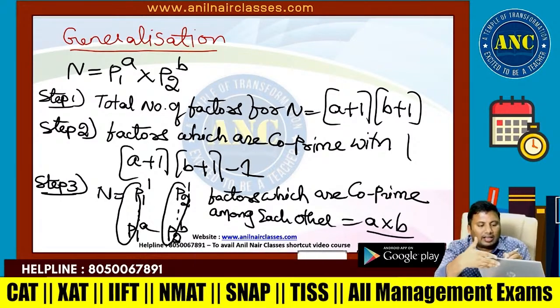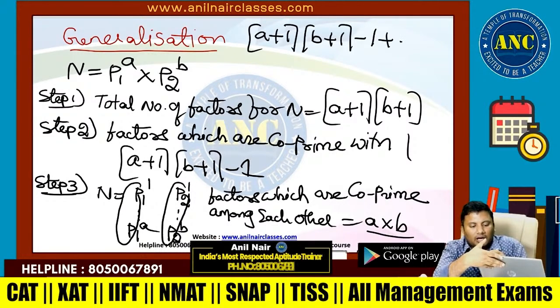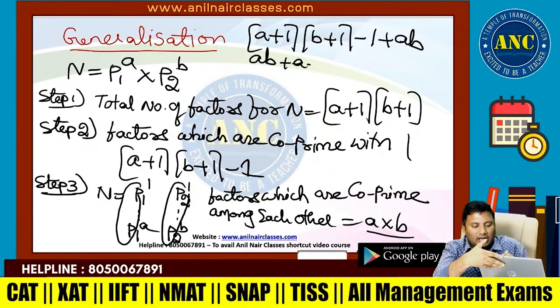So the total answer is (A plus 1) into (B plus 1) minus 1, plus AB. That is AB plus A plus B plus 1 minus 1 plus AB. Answer is A plus B plus 2AB.